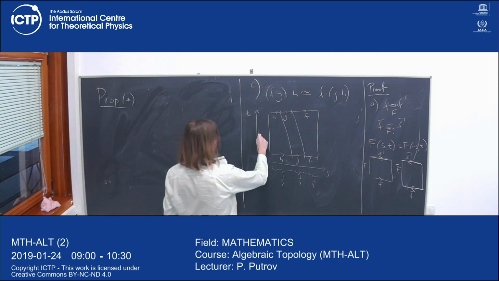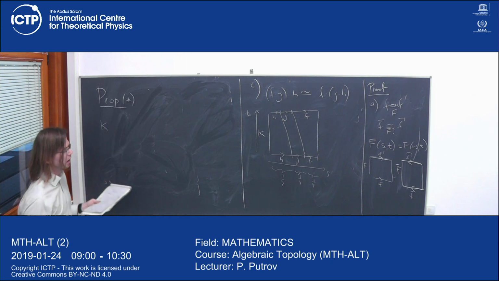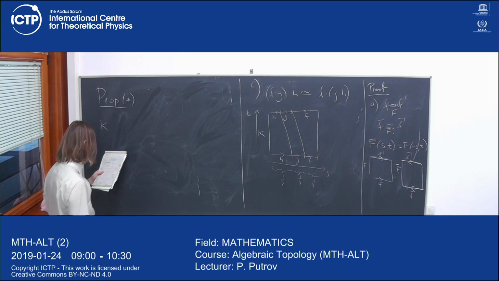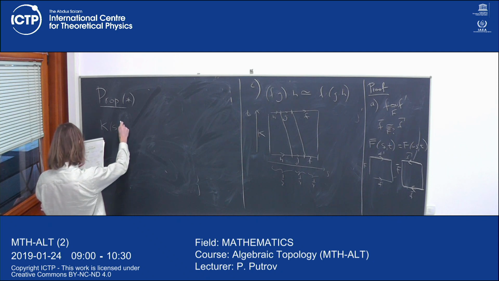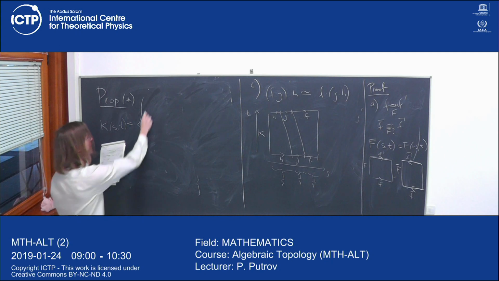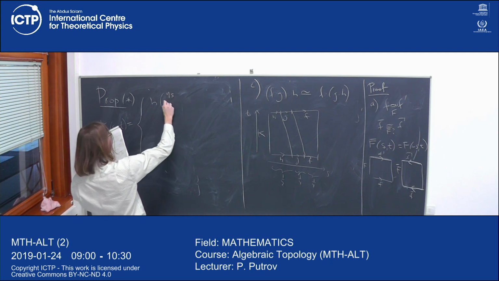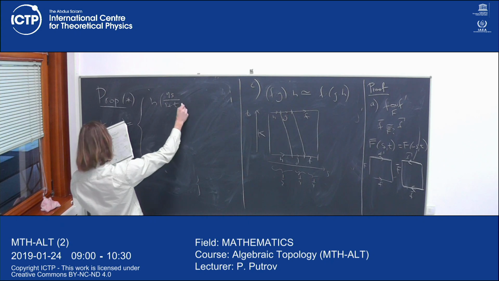Suppose this is a homotopy K, a function from the square to my space X. If I'm not mistaken, it should be explicitly written as follows.